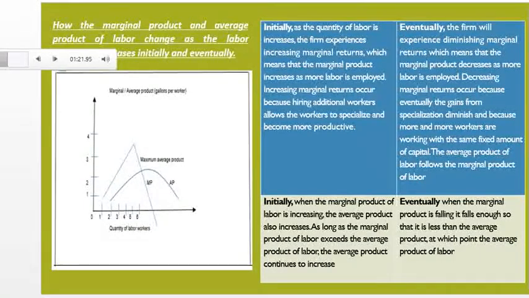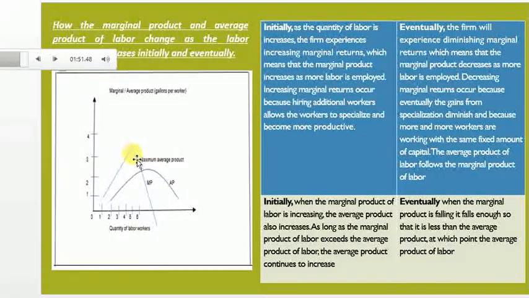And in this graph, we can see that when the marginal product of labor curve is going up, the average product curve is also going up at the same time. And when the marginal product curve reaches its high point, it starts to decrease, and the average product curve also starts to decrease at the same time.